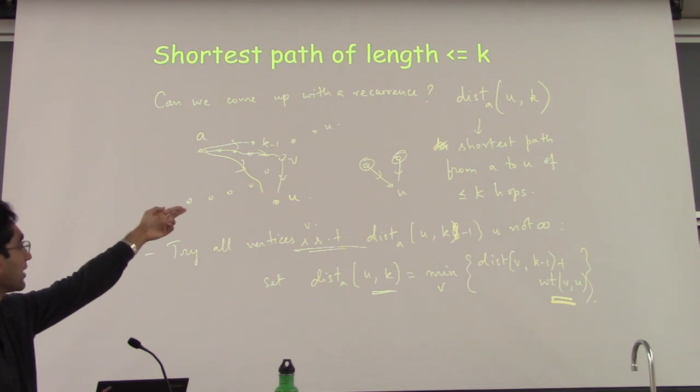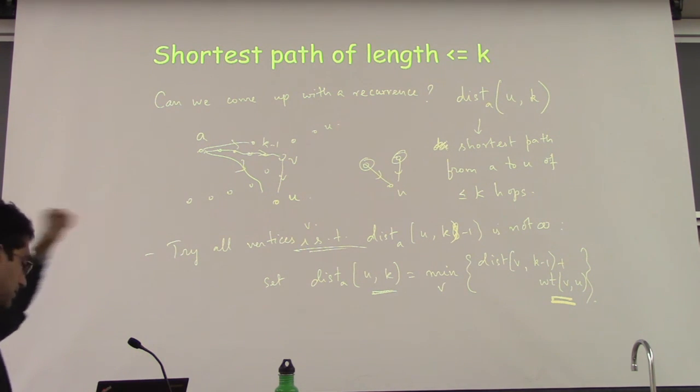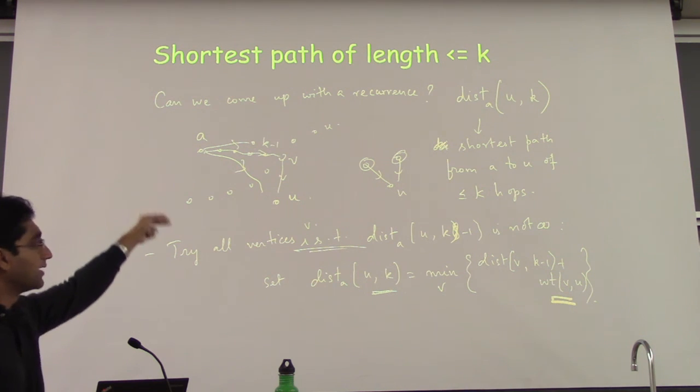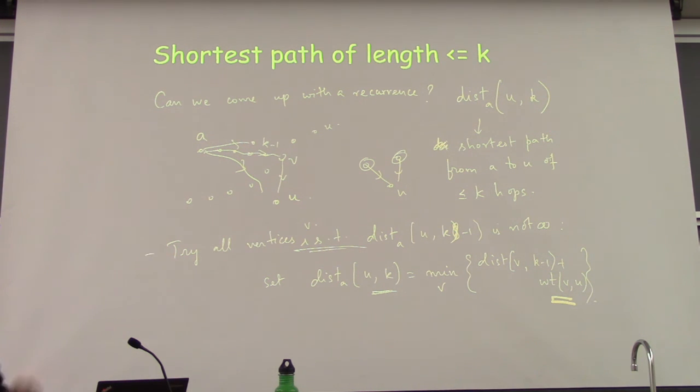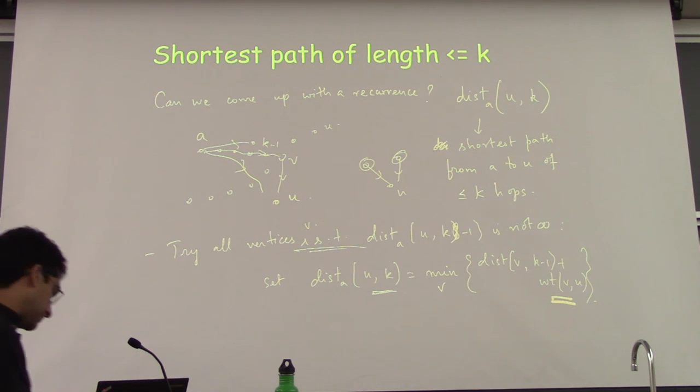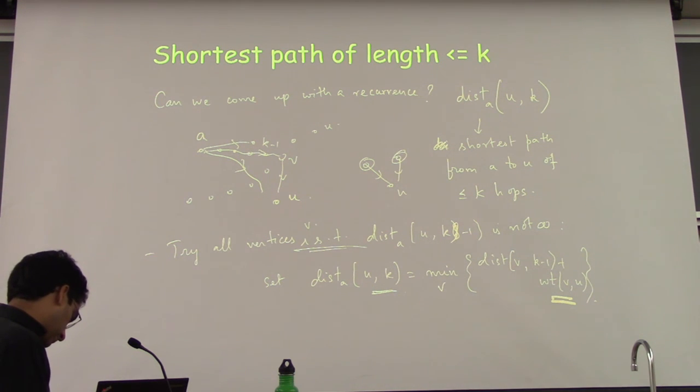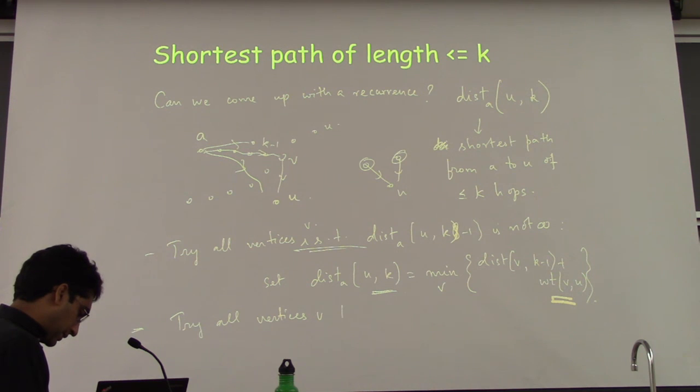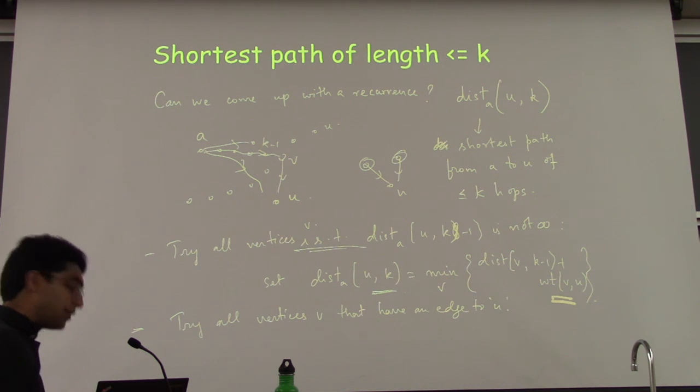So you can just look at vertices that have an edge to u. You could also say, try all vertices v that have an edge to u. And then you can do the same process.